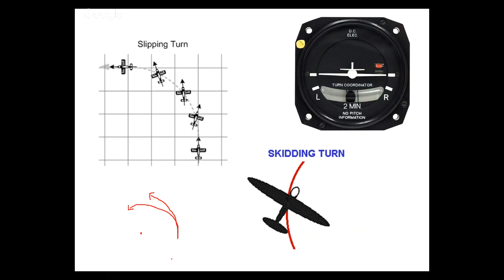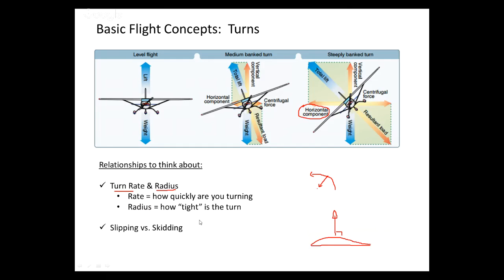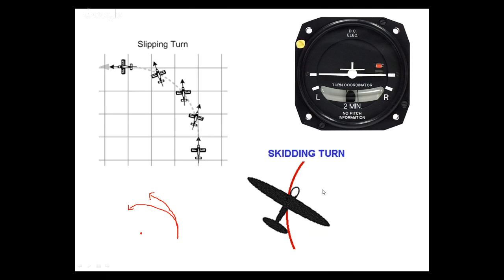The physical reason for that is because the horizontal component of lift is not able to completely overcome the centrifugal force. The centrifugal force is still there, wanting to pull the aircraft out of the turn.